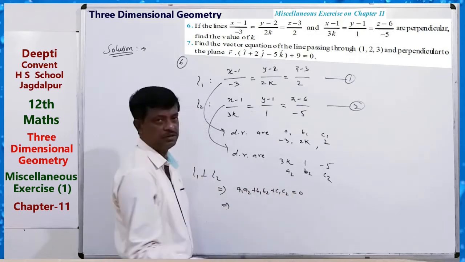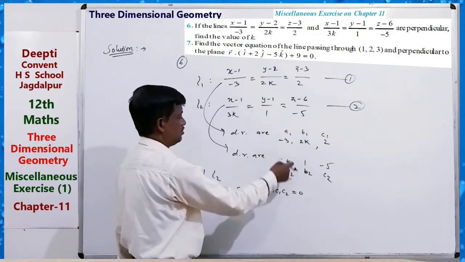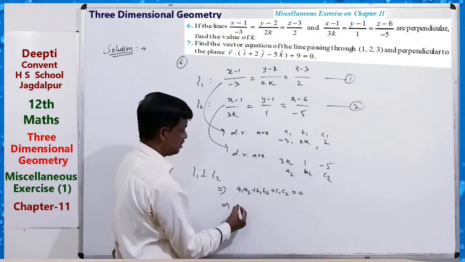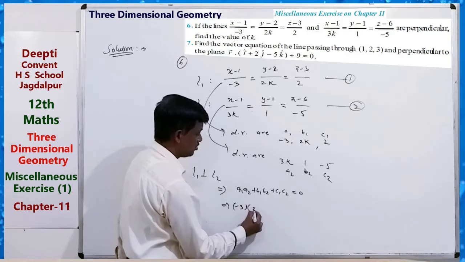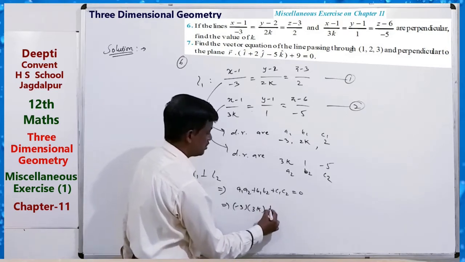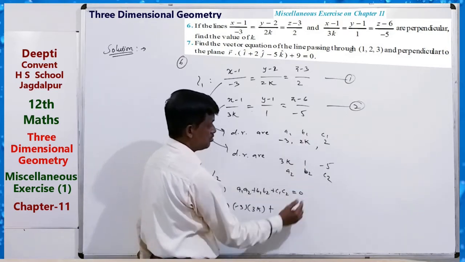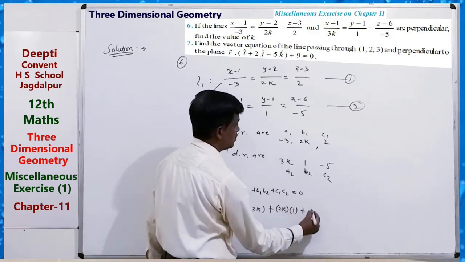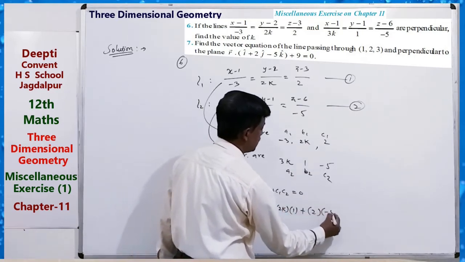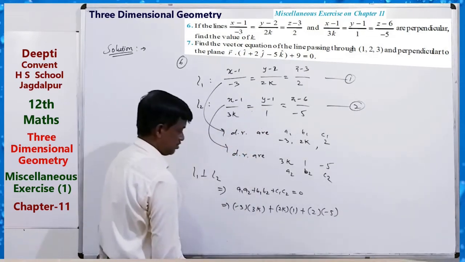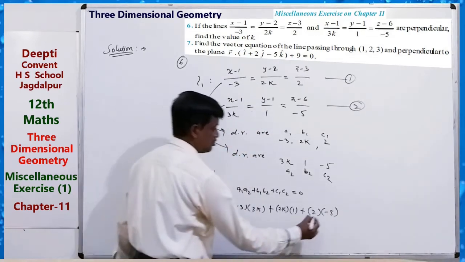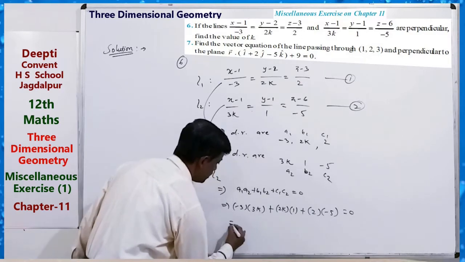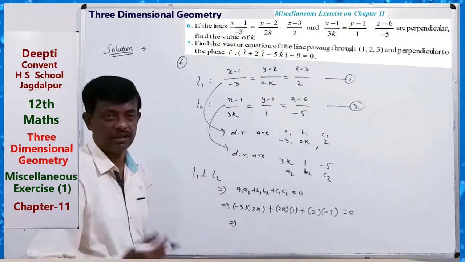So solve it. A1 A2 is minus 3 into 3k, plus B1 B2, 2k into 1, plus 2 into minus 5, is equal to 0. So from here we can find the value of k.